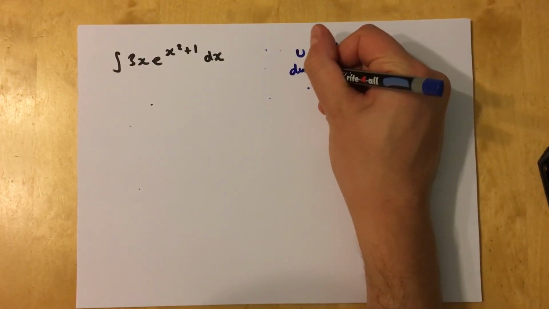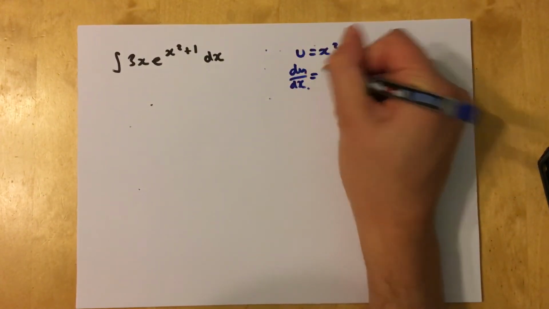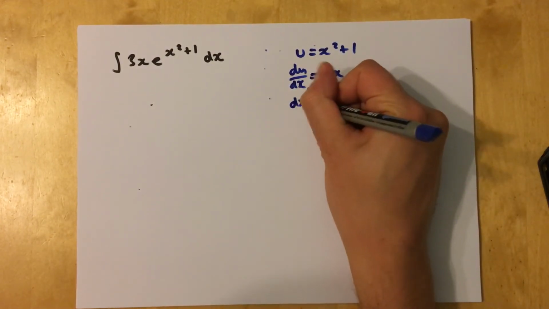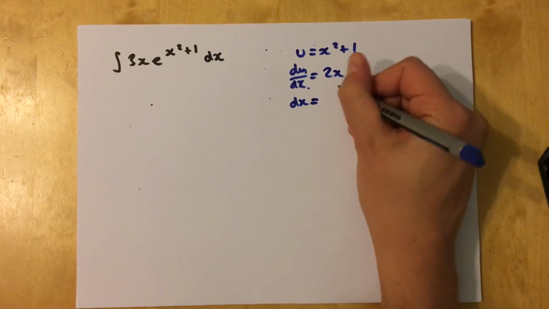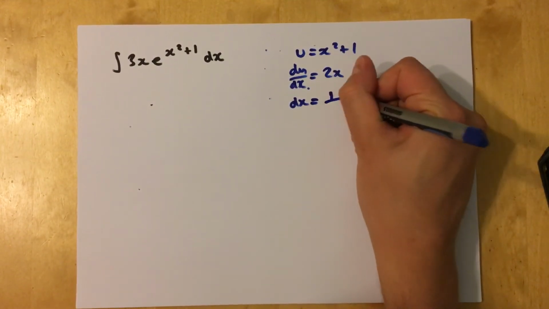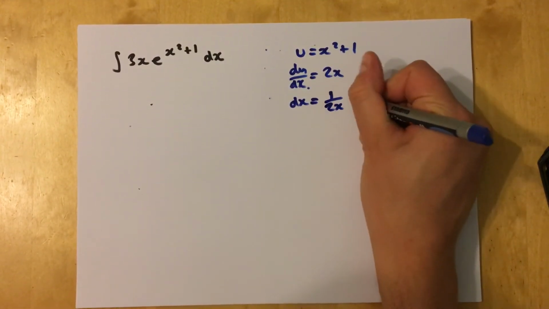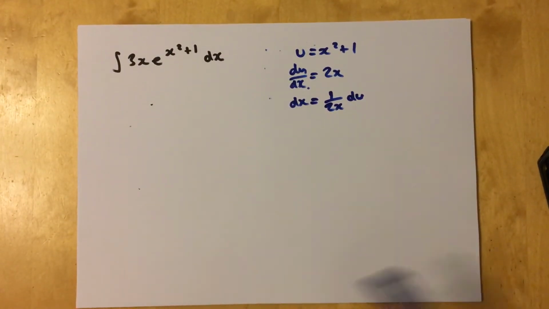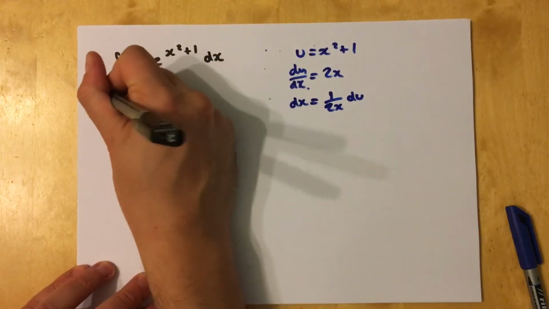So we get du dx equals 2x. So dx equals, you should know by now, seeing as we've done it for the past 3 examples, 1 over 2x du. So we're ready to make our substitutions.